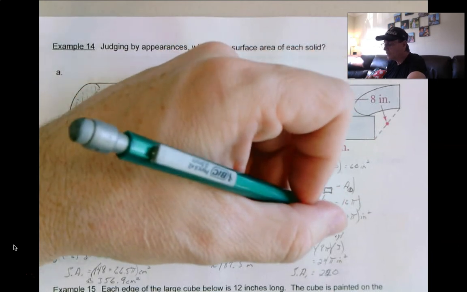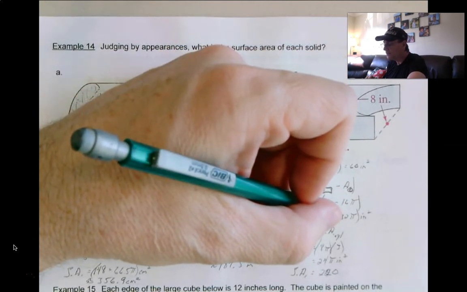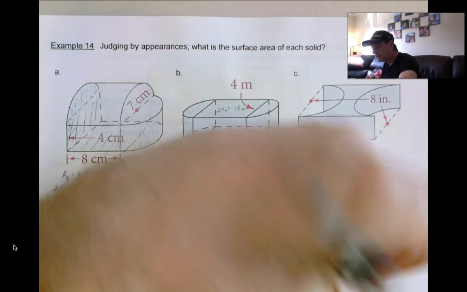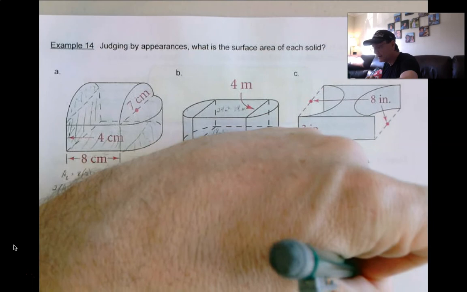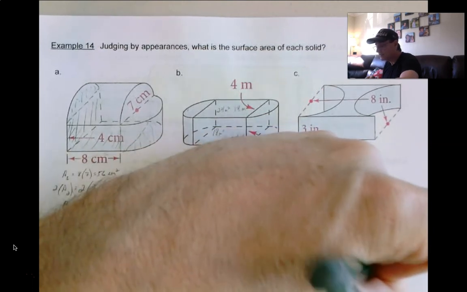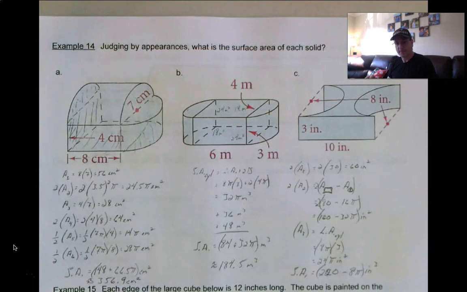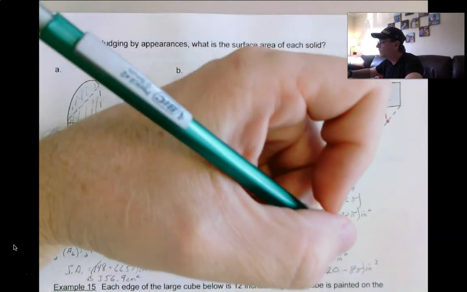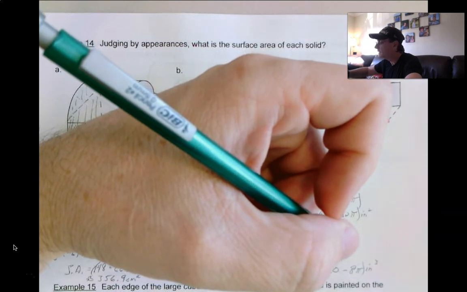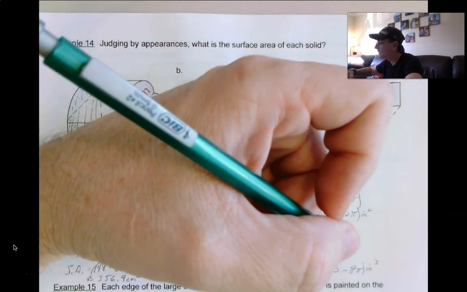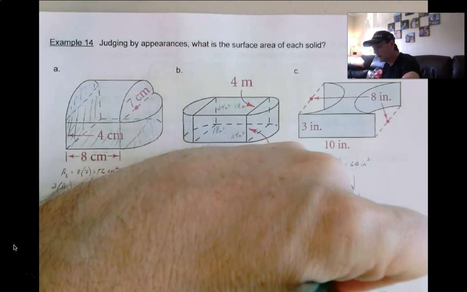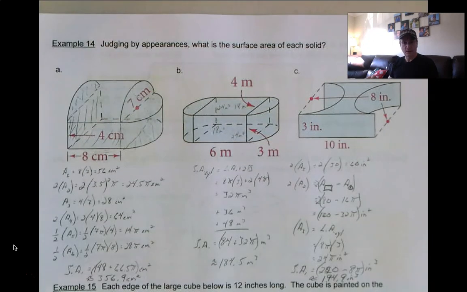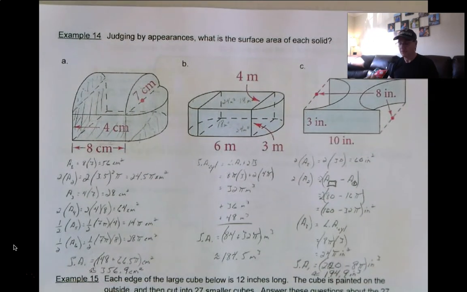And then negative 32 pi plus 24 pi is minus 8 pi inches squared, or approximately 220 minus 8 times pi, approximately 194.9 inches squared. Squeeze that one in there at the bottom.